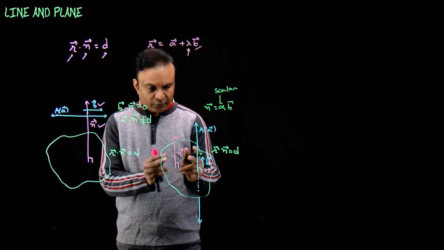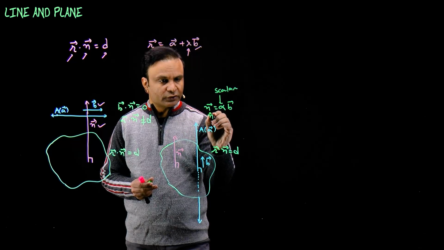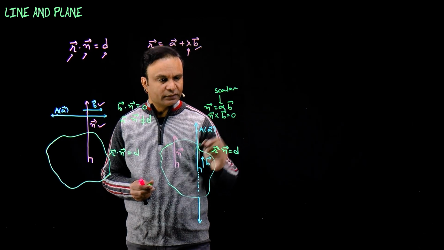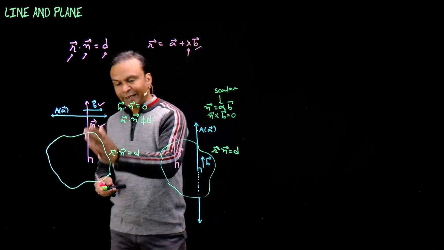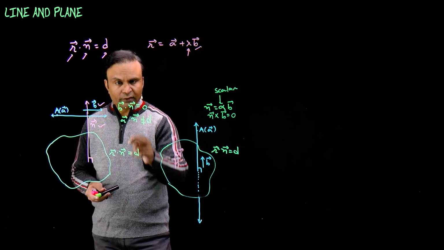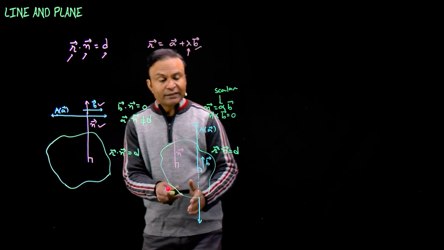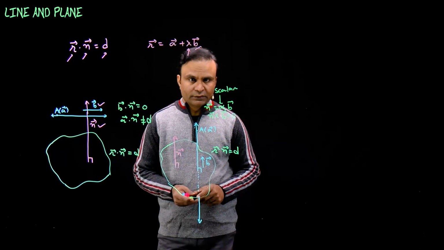Also we can say when two vectors are parallel, their cross product is 0. So this is equivalent to n cross b is equal to 0. So here when line and plane are parallel, dot of b and n is 0, and when line is perpendicular to the plane, their cross product is 0.